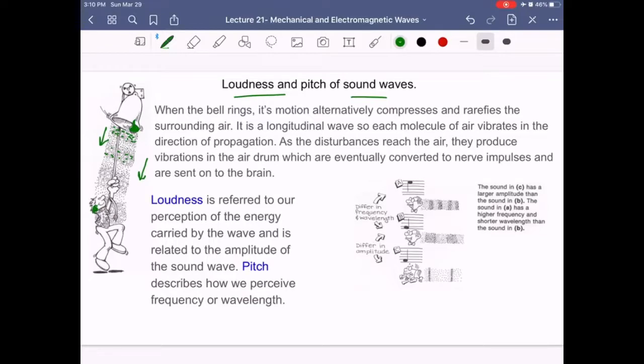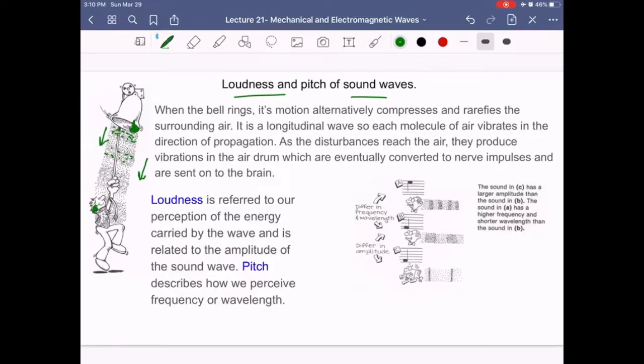And those impulses are eventually converted to nerve impulses. Those oscillations of my eardrum are eventually converted to the nerve impulse that is delivered to my brain, which perceives it as sound if it's within the audible range of frequencies.